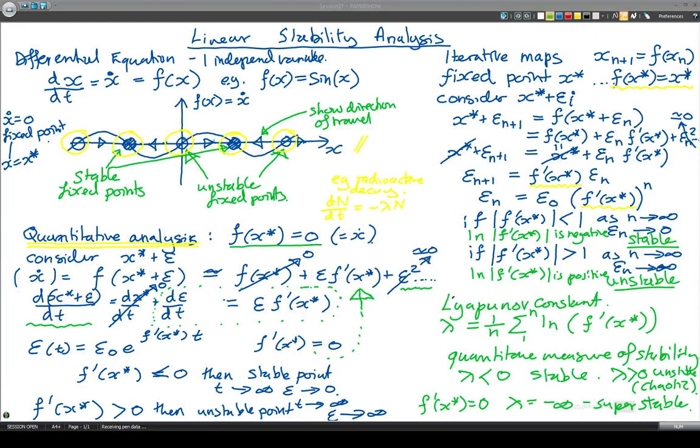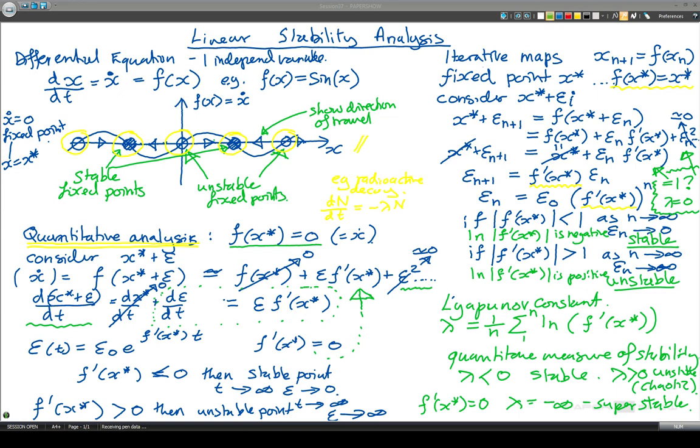Finally, coming back to the case where this gradient is 1, if that equals 1, then we don't know if it's stable or unstable. Indeed, the Lyapunov constant will equal 0. It's not positive or negative. In that case, what will happen will depend on terms of epsilon squared and above.